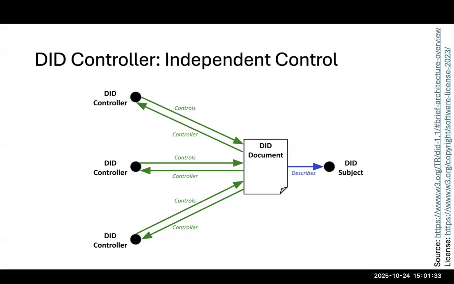so anytime a controller with high priority wants to update the document, it can do it. Or you must, for example, reach a consensus between the three, in this case, to make an update, or any coordination function that you want to implement. This is just to say that the recommendation gives you freedom in terms of who is going to control the DID document.